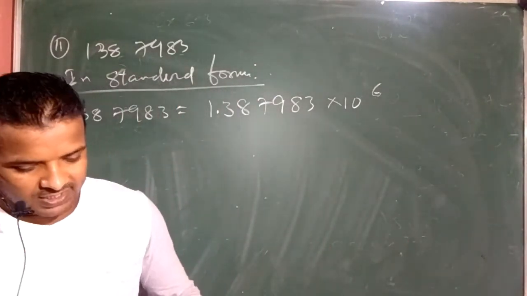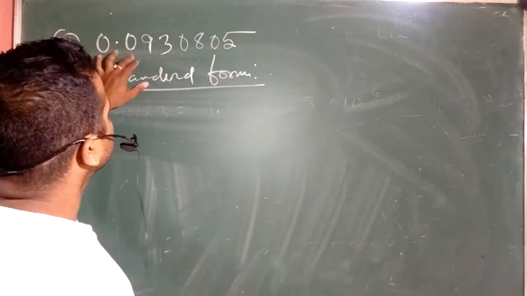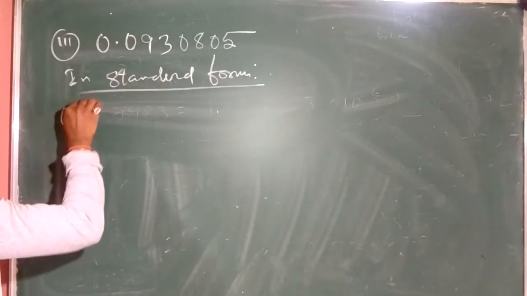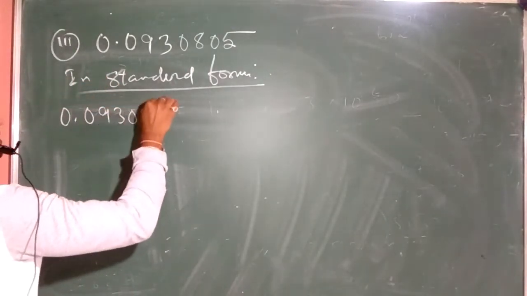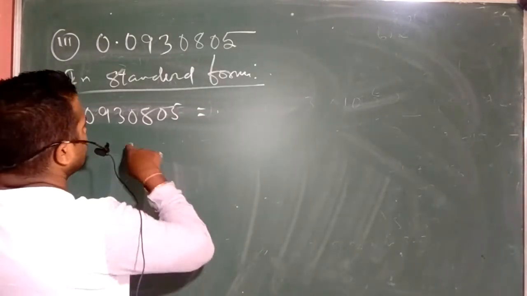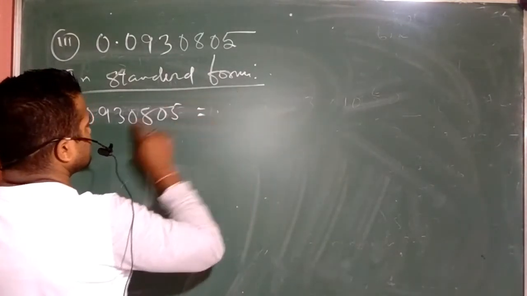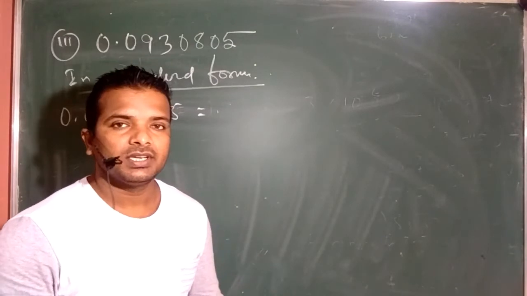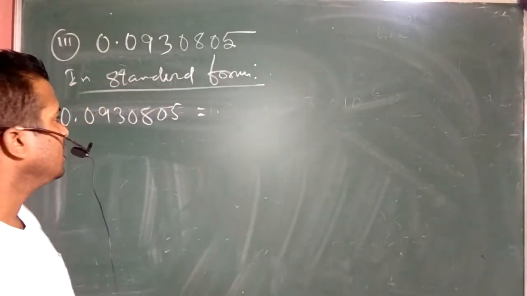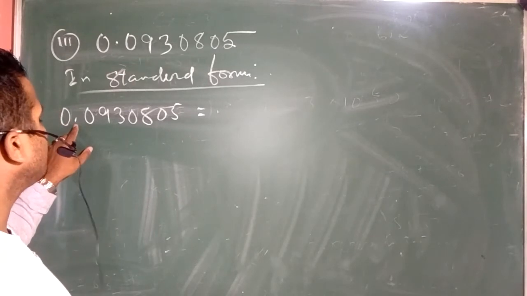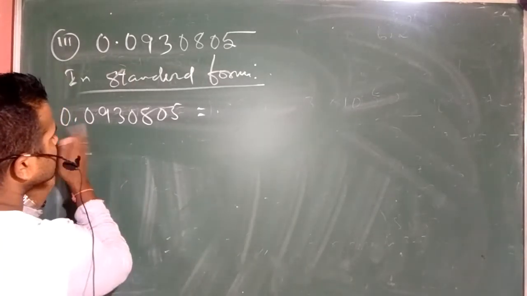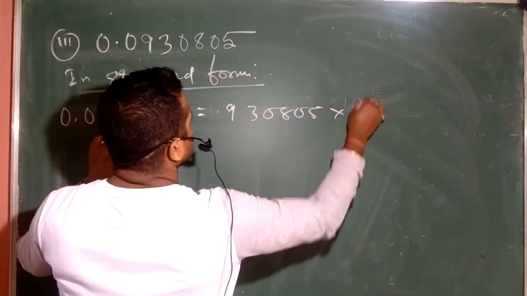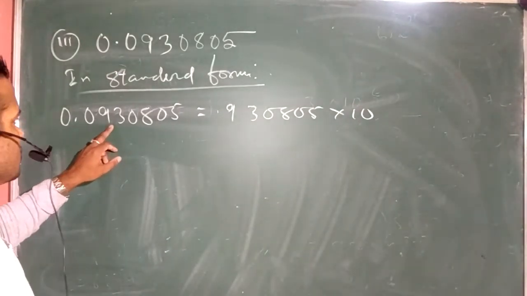Okay. Roman number 3 is 0.09308005. So 0.09308005 is equal to what? Here the decimal is already there, so this side we will leave it. We write 9.308005 into 10 to the power how much?